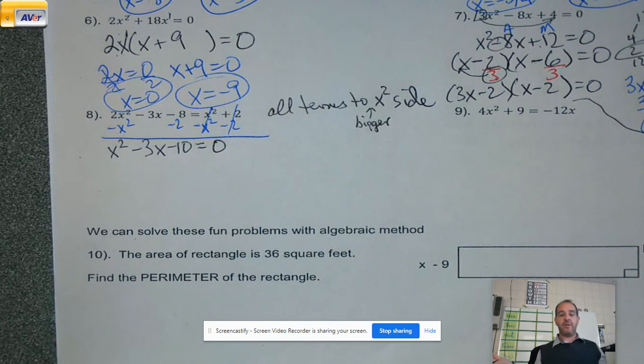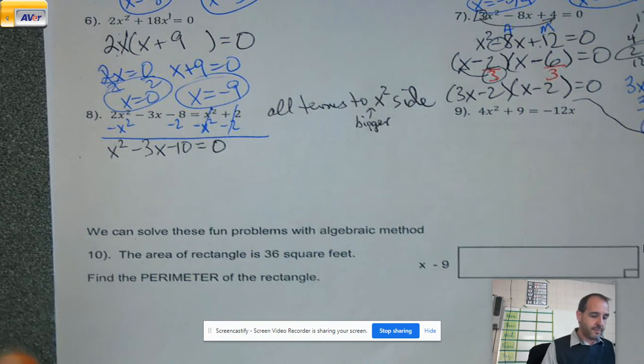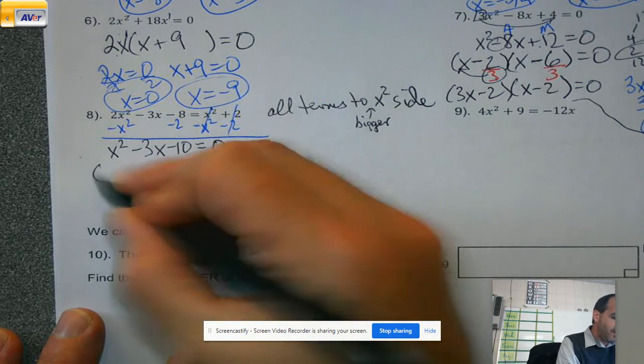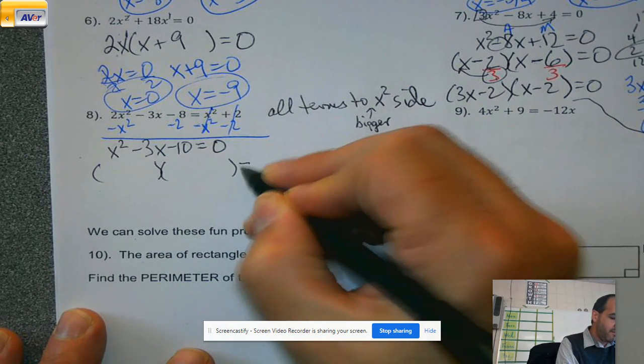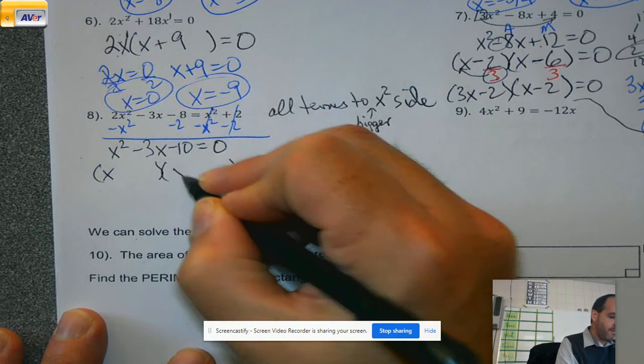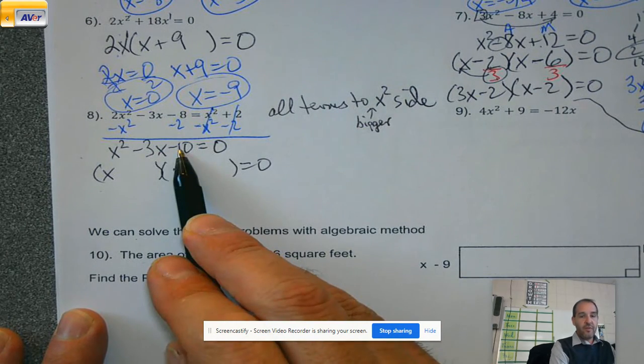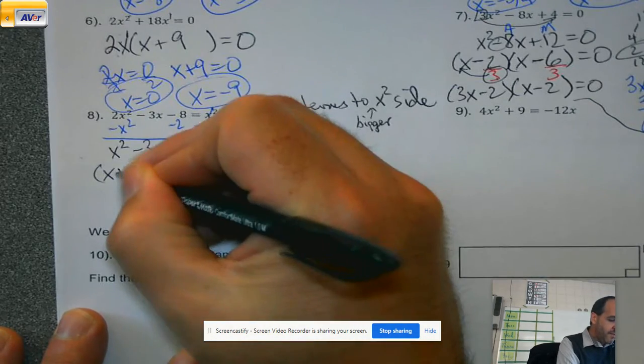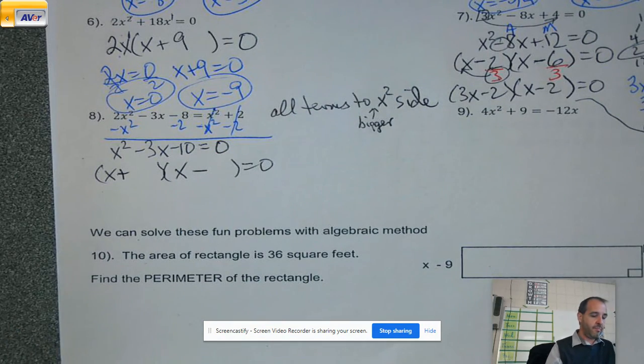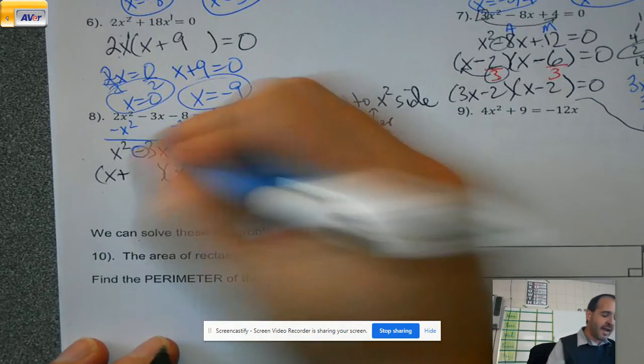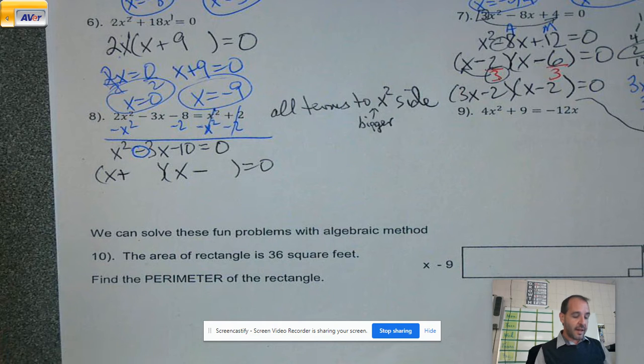And now it's just a diamond problem. Life is much easier once I get through all the noise. So I give it one more shot. I notice my multiply number is negative, one of each sign. I notice my add number is negative, so the bigger number is going to be the negative.